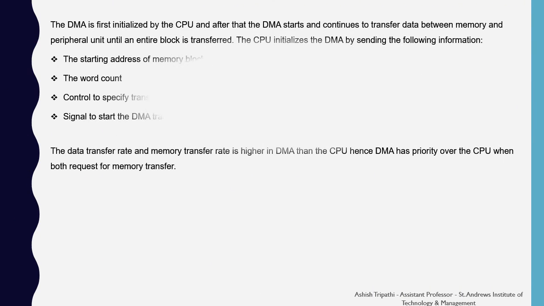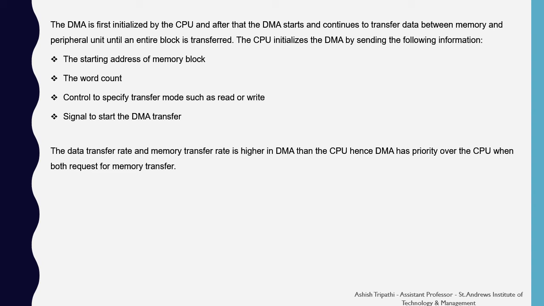The DMA is first initialized by the CPU, and after that the DMA starts and continues to transfer the data between the memory and the peripheral unit until an entire block is transferred.